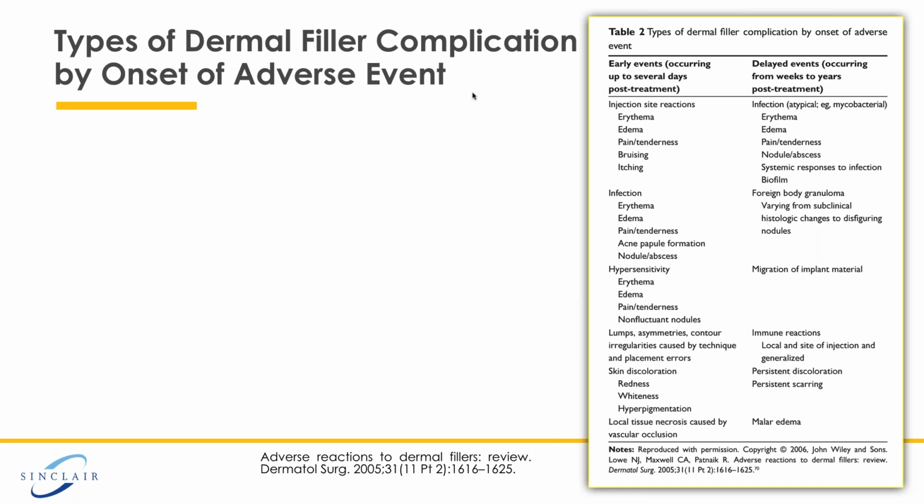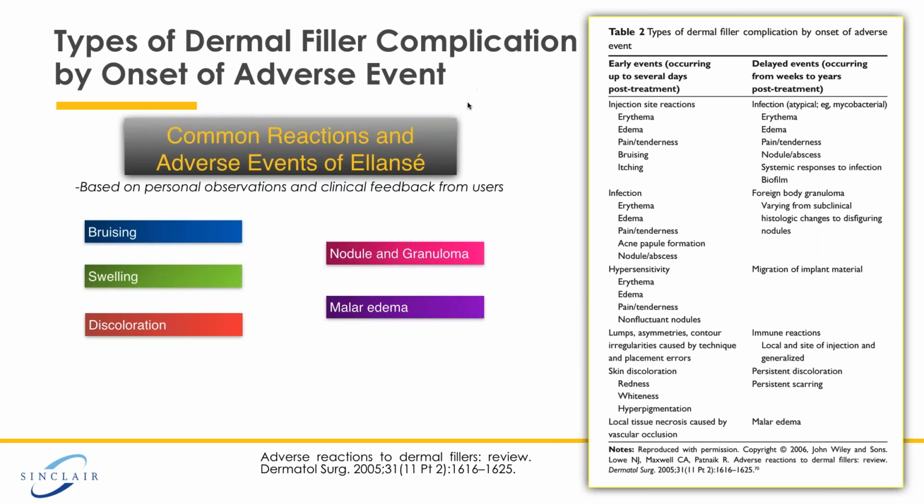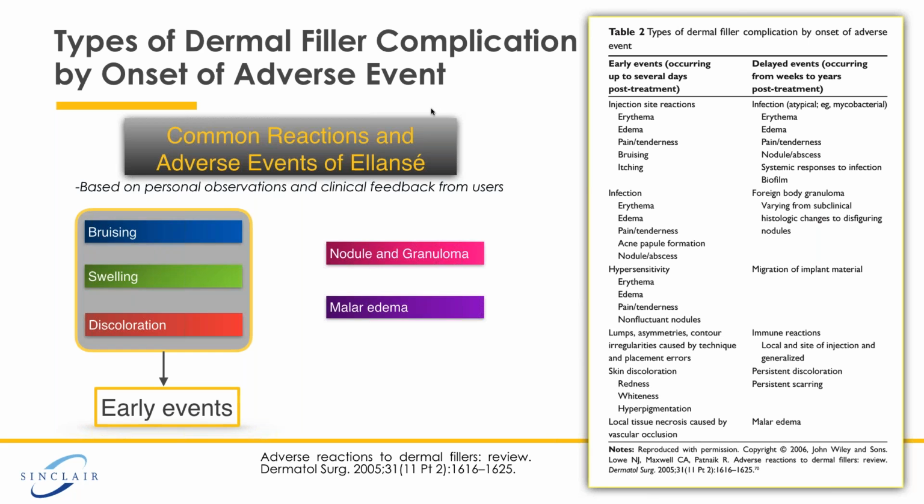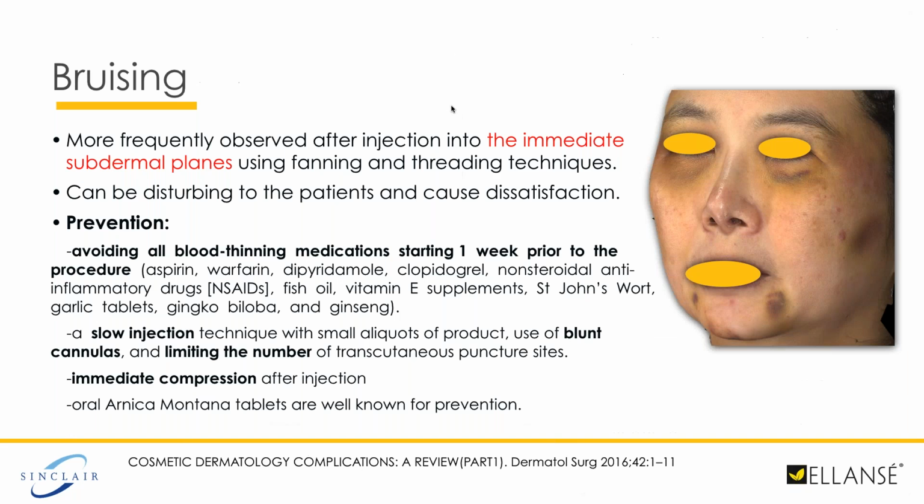Those that occur from weeks to years post-treatment are defined as delayed events, such as atypical infection, foreign body granuloma, migration, immune reaction, persistent discoloration, persistent scarring, and malar edema. Of the 5 most common adverse events I'm going to discuss, bruising, swelling, and discoloration belong to the early events, while nodules, granuloma, and malar edema belong to delayed events.